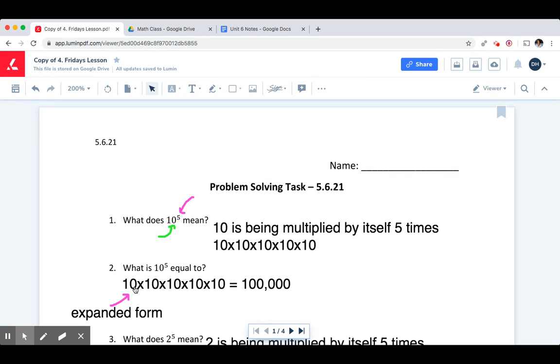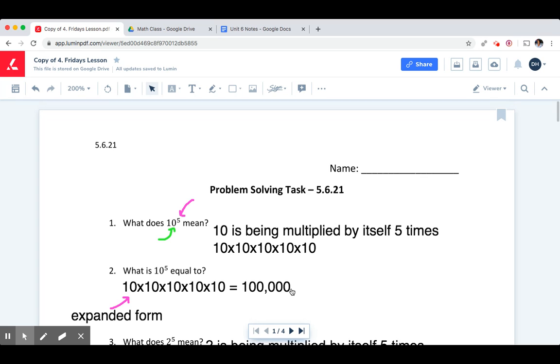So here I have 1, 2, 3, 4, 5 zeros in my factors. So my final product will have a 1 and 5 zeros. 10 times 10 times 10 times 10 times 10 is equal to 100,000. Numbers 1 and 2 were a review from things we have already learned.